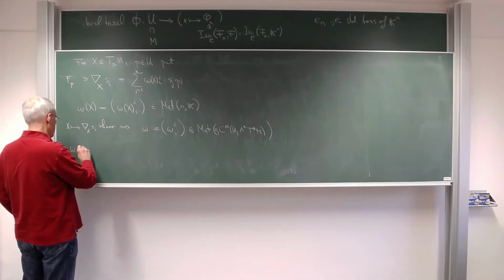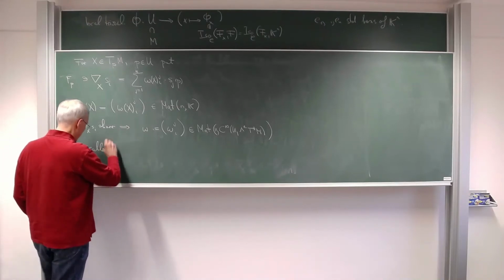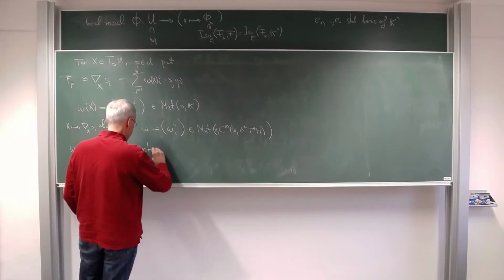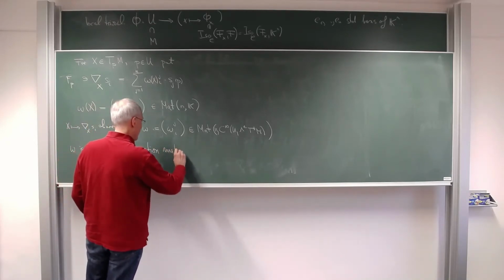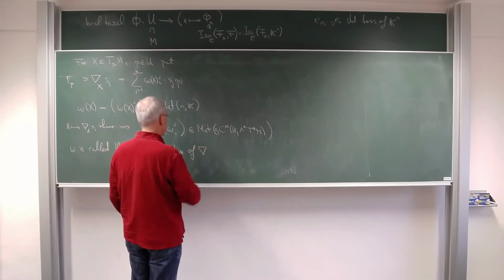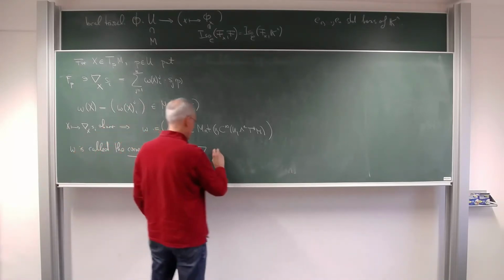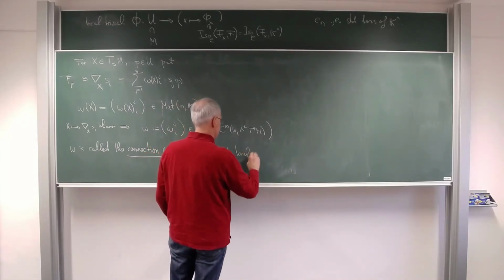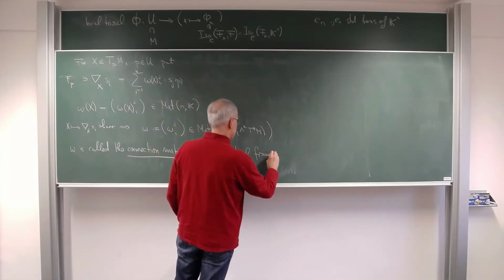So omega is called the connection matrix of my covariant derivative nabla with respect to this frame, with respect to the local frame S_1 up to S_n.